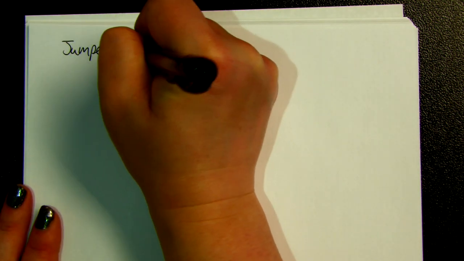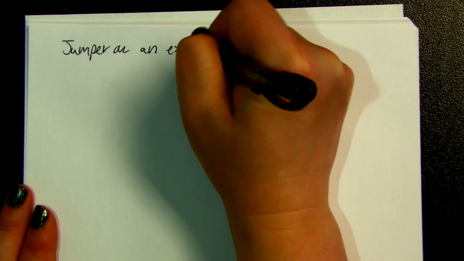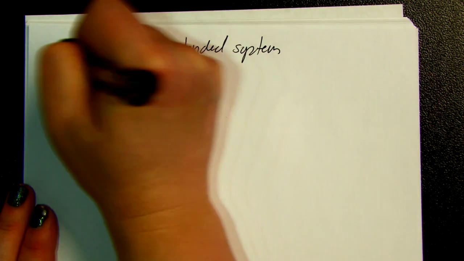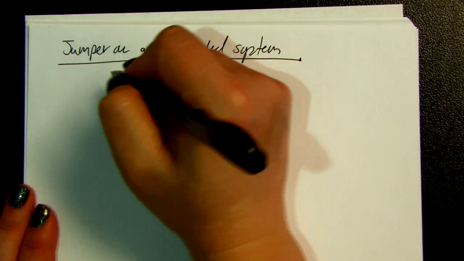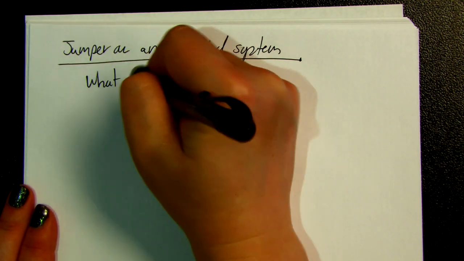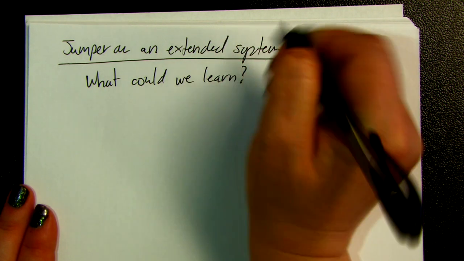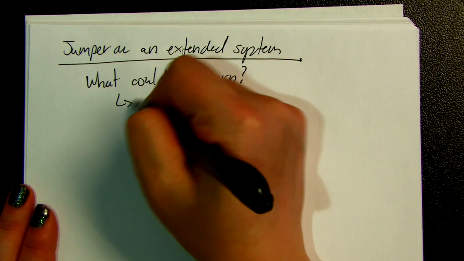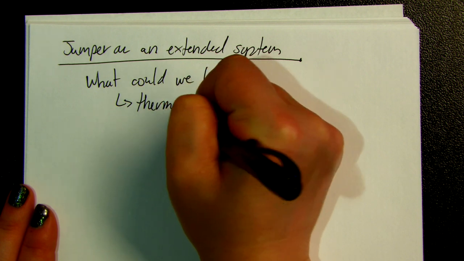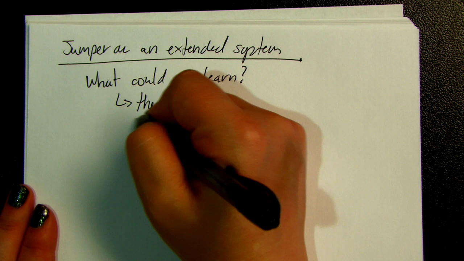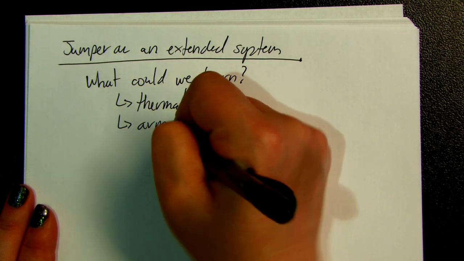All right, so let's look at the jumper as an extended system. And what could we learn? We could learn about thermal energy. We could learn about arm and leg movement.